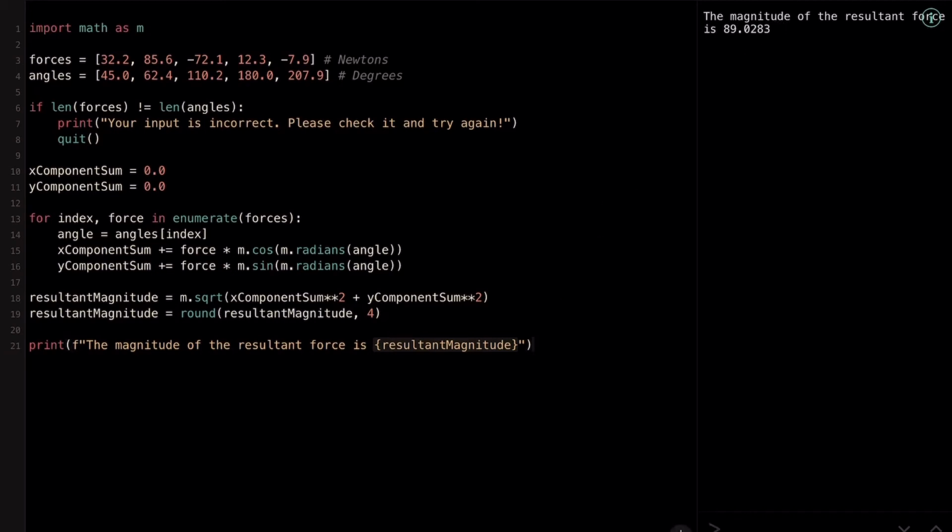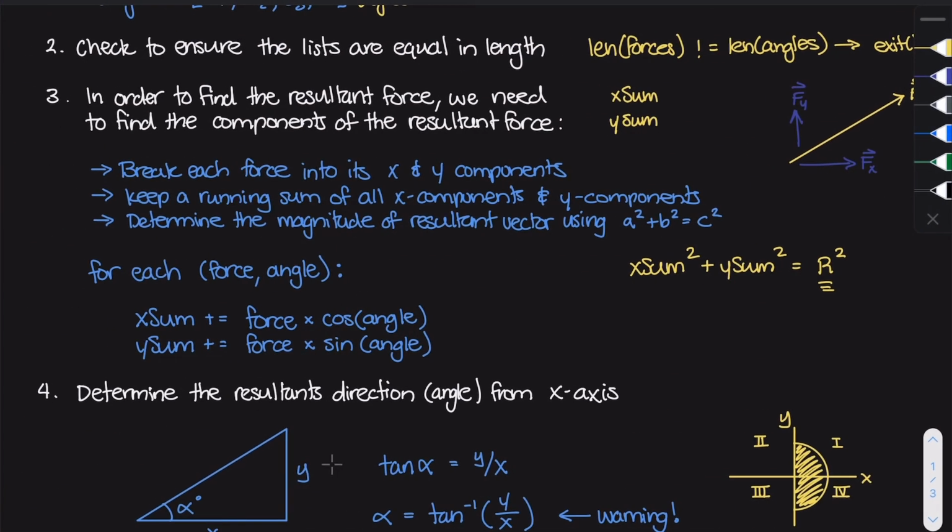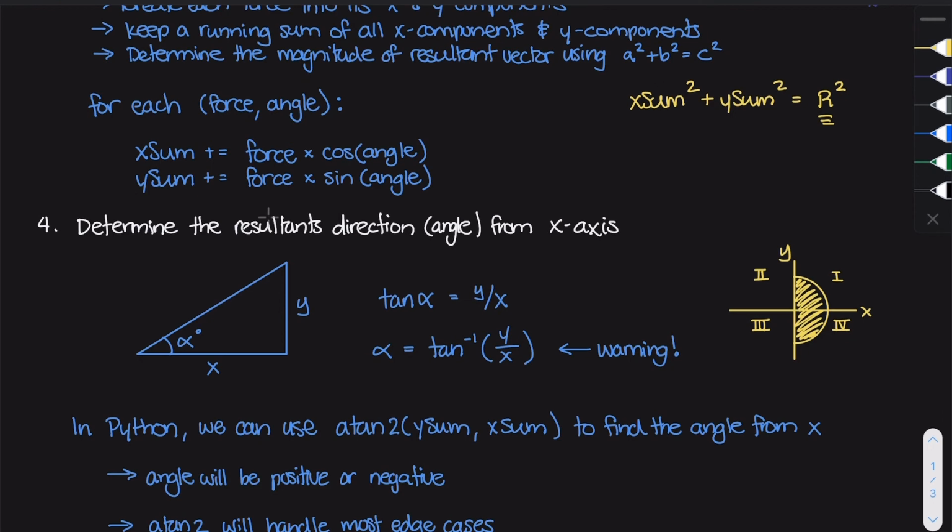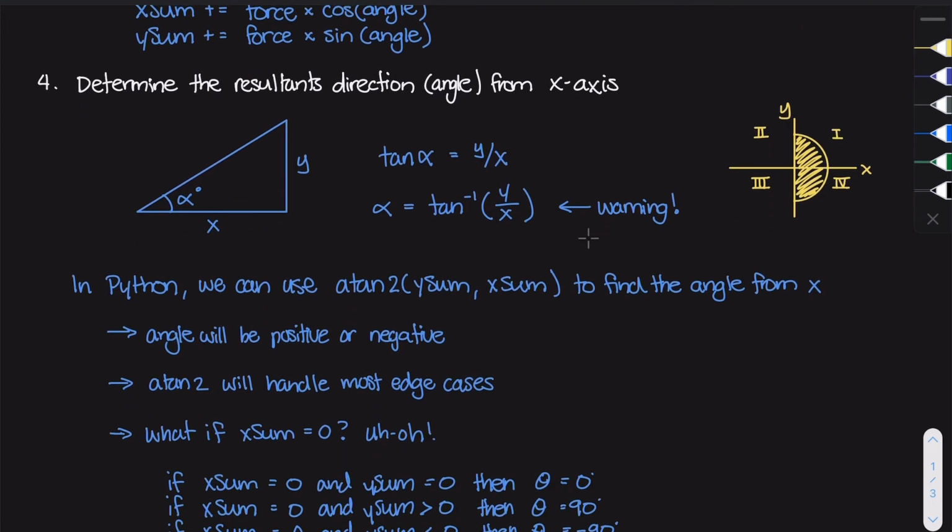Okay, so what was the next step? I'll go ahead and delete this print statement here. And now we have the resultant magnitude, right, based off of this calculation. Now the next step was that we need to determine that resultant force's direction, or the angle from the horizontal x-axis. And if you remember from the last video, we can't simply use the tan inverse of y over x.